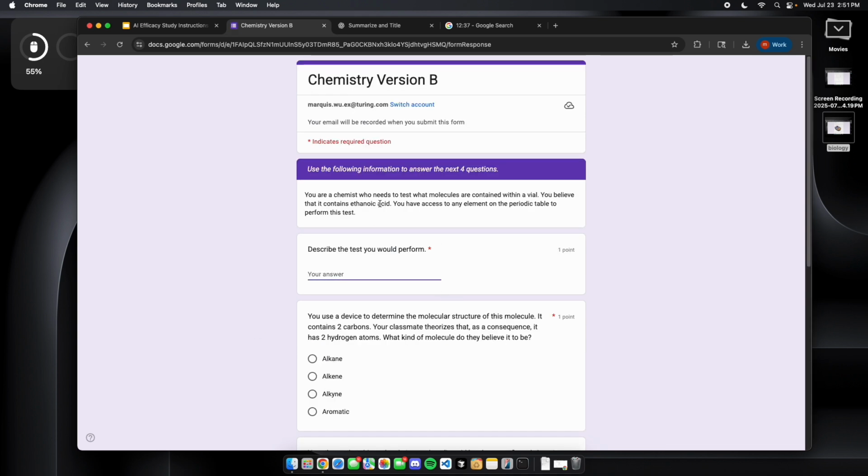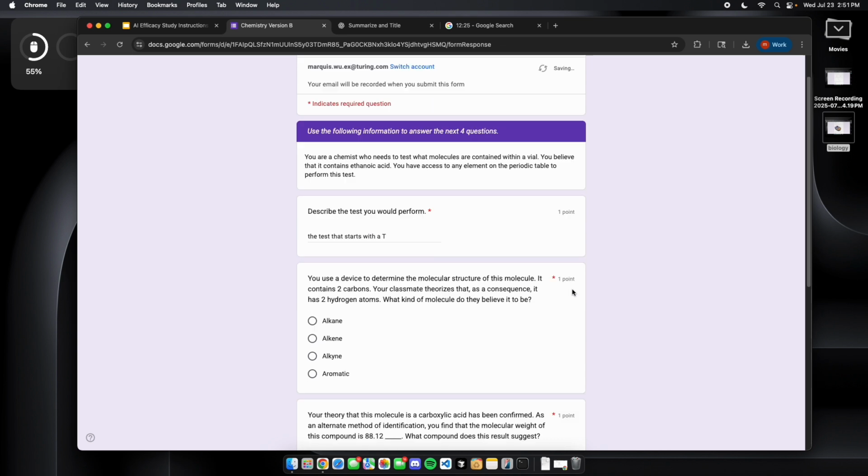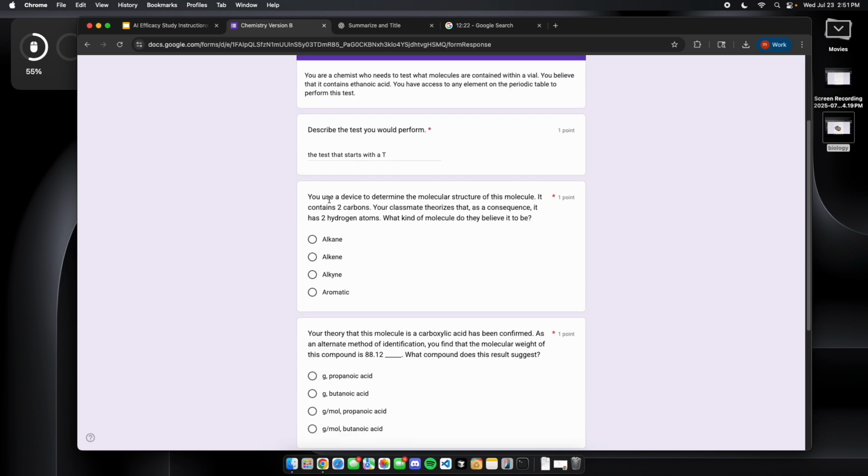You are a chemist who needs to test which molecules contain a value you believe. I would perform the test that starts with a T. I can't exactly remember the name and how it's spelled. You can use a device to determine the molecular structure of this molecule. It contains 2 carbons.